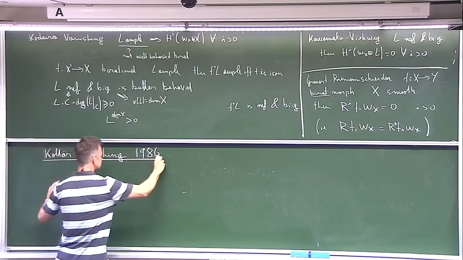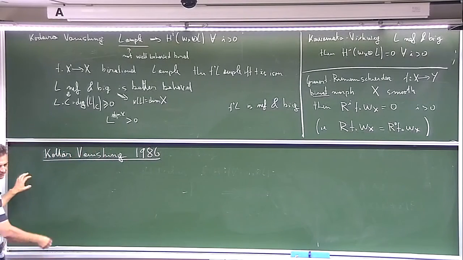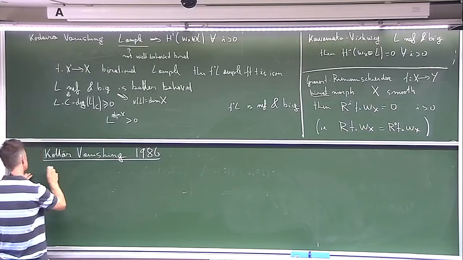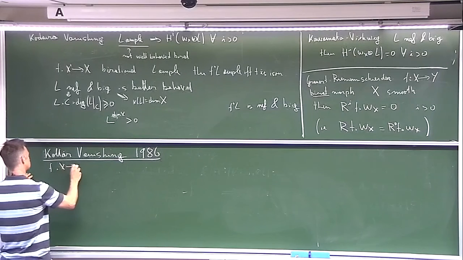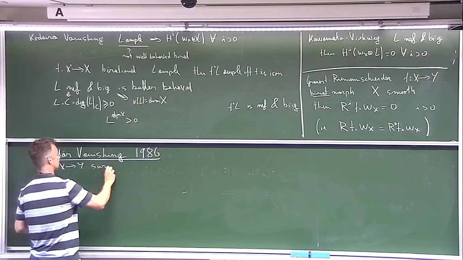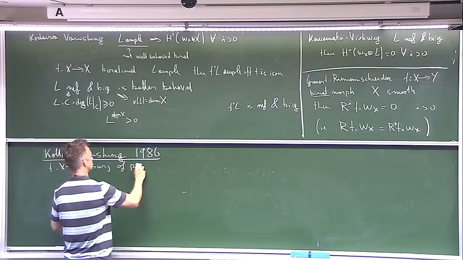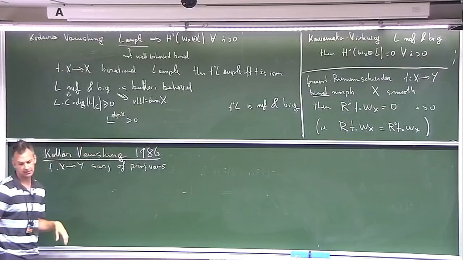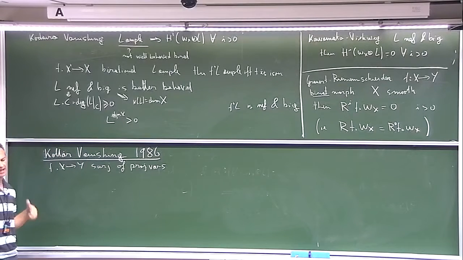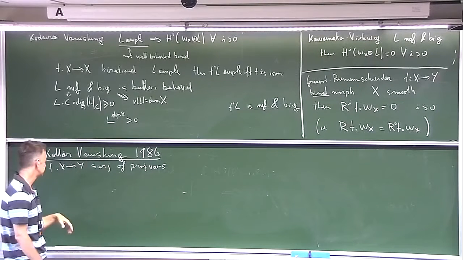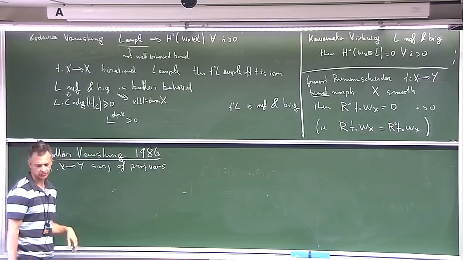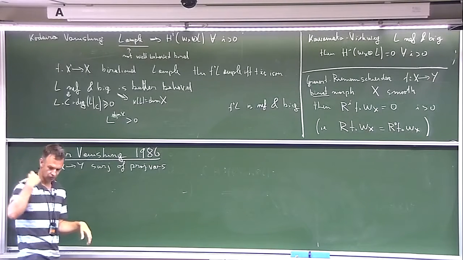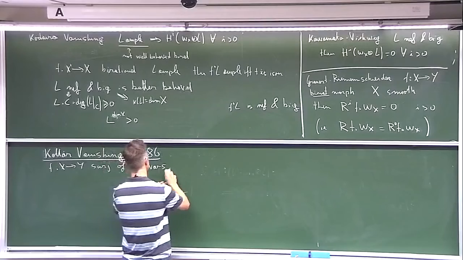So what do we have here? We have a surjective morphism of projective varieties. I'm going to assume that X is smooth, but Y doesn't have to be smooth. Maybe it doesn't even have to be normal. You can assume it's normal. You don't lose anything.